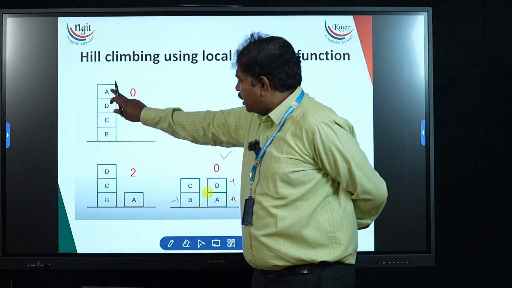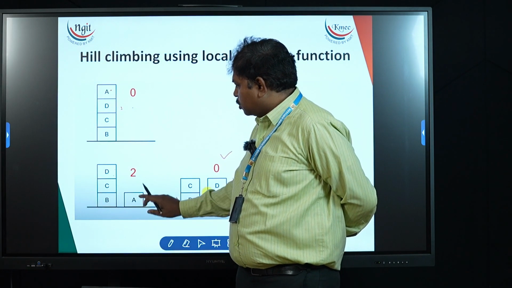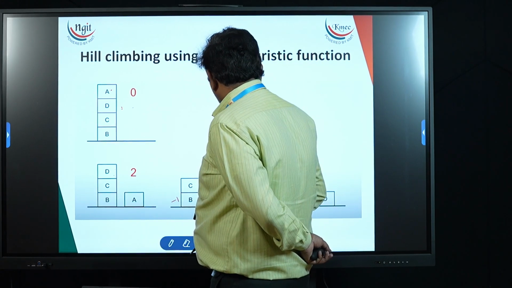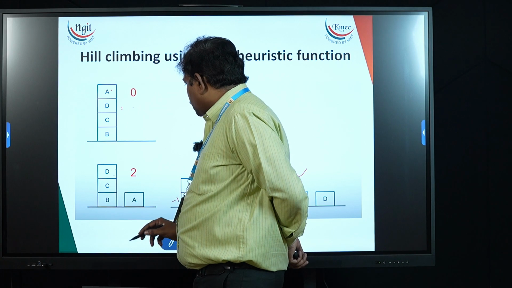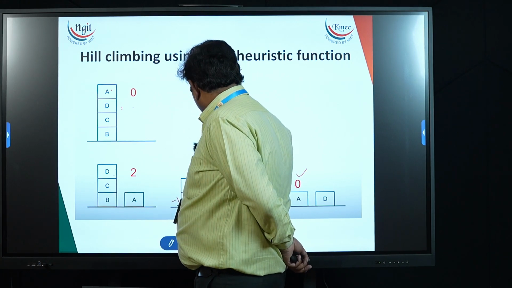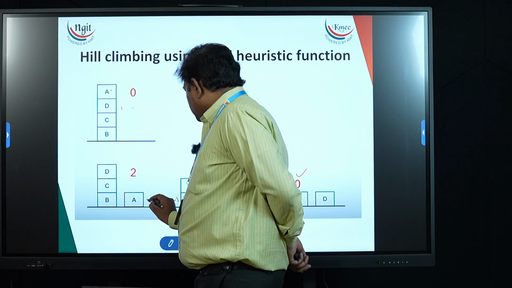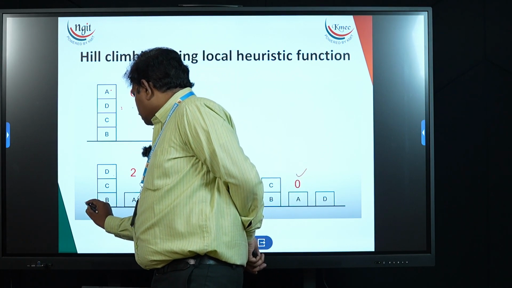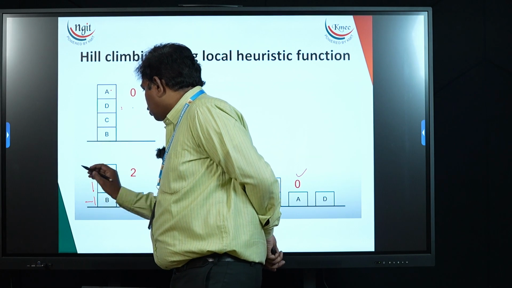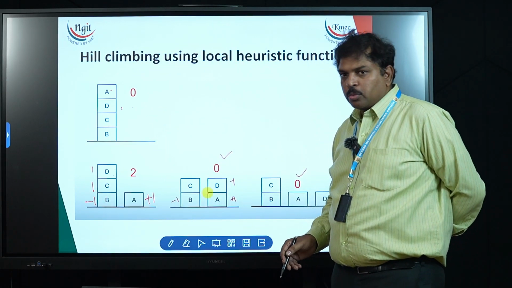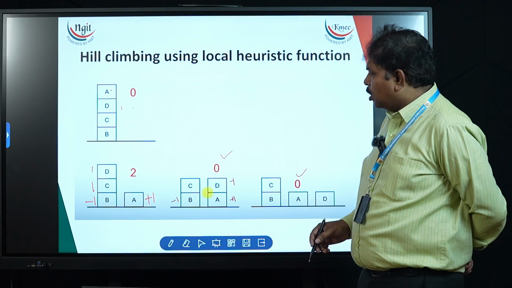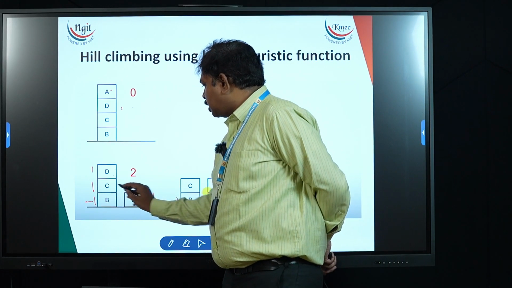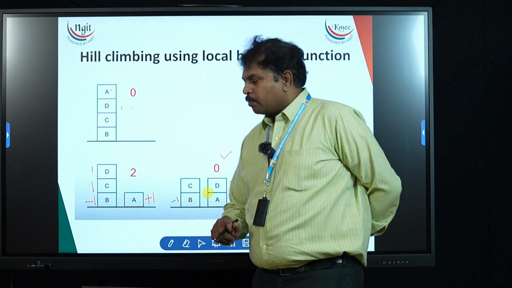Suppose I place A from the top of the block onto this one. Now A is here. A is in its goal position, so A is +1, and the others are -1, because they are supposed to be exactly placed as in the goal. Totally, if you combine 3 and minus 1, I get 2.